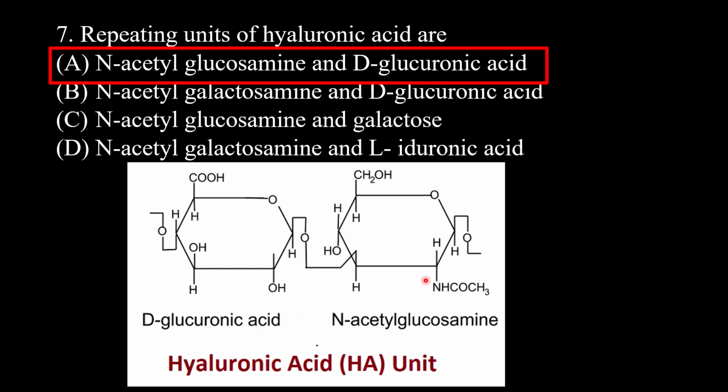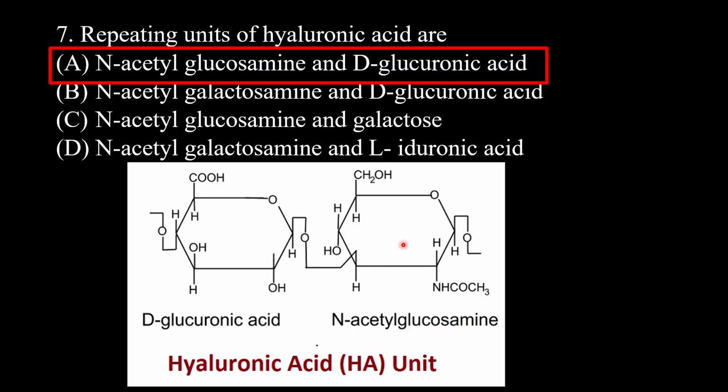And if we see here, this is also the same structure of the glucose, but at carbon number 2, you can see there is an amino group attached, nitrogen. So that's why it is an amine. This is glucosamine, and the acetyl group CH3 is also attached, so that's why it is known as N-acetyl glucosamine.